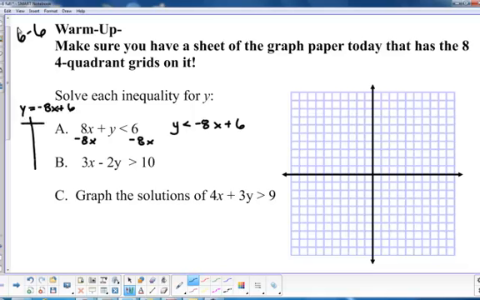And if I make a table of that, 0 would give me 6, and then I would be going down by 8. So 1 would give me negative 2, and 2 would give me negative 10. So if I come over here, 1 gives me negative 2. 2 is negative 10.